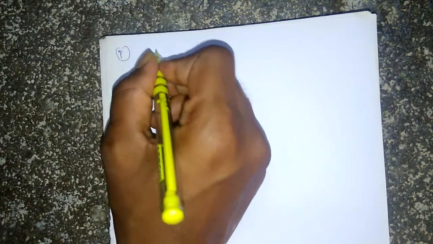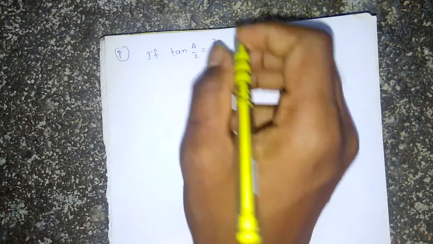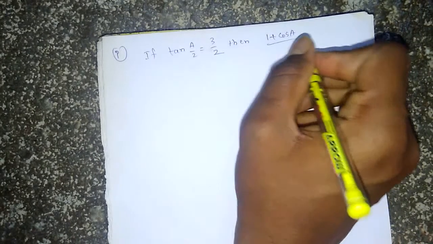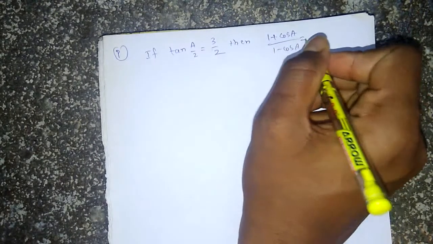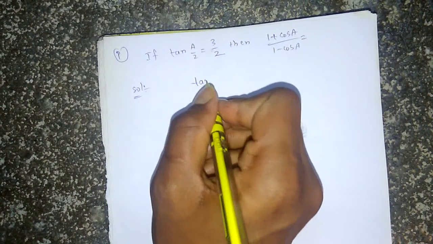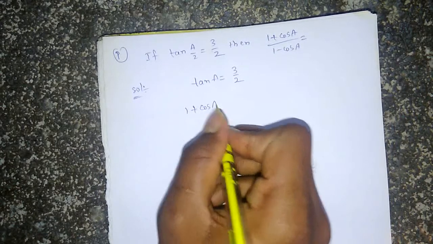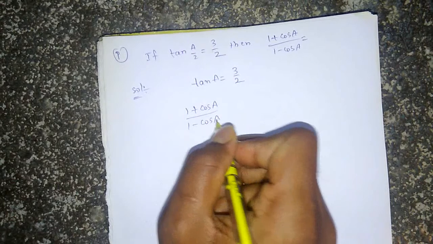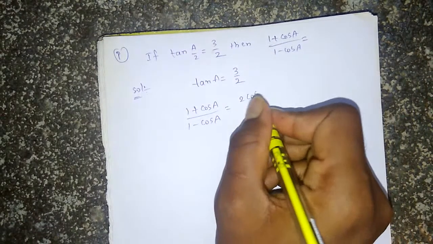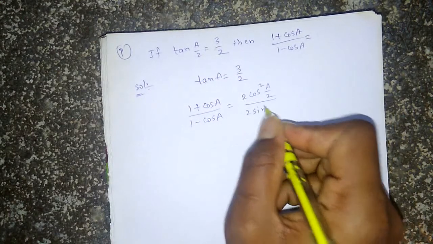Our next problem is, if tan a by 2 is equal to 3 by 2, then find 1 plus cos a by 1 minus cos a. So here given tan a by 2 is equal to 3 by 2. We need to find the value of 1 plus cos a by 1 minus cos a. So here submultiple angles formula, 1 plus cos a is equal to 2 cos square a by 2. 1 minus cos a is equal to 2 sin square a by 2.